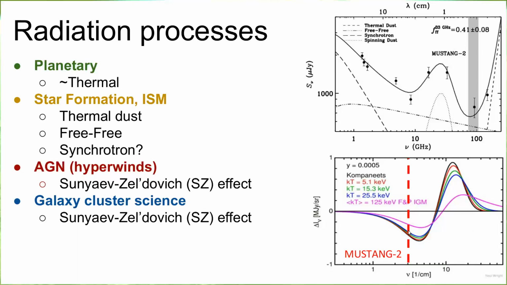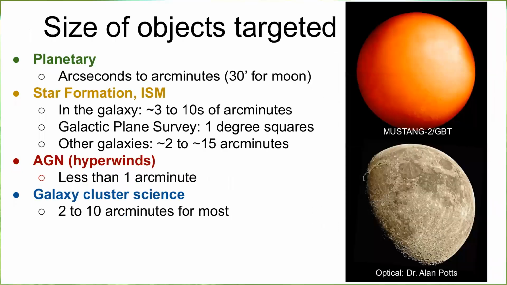All right. Then the other thing to consider is, what is the size of the object you're going after? And does it match the characteristics of Mustang 2 on the GBT? So typical sizes of objects that have been proposed range from generally arc minute scale to a degree scale.